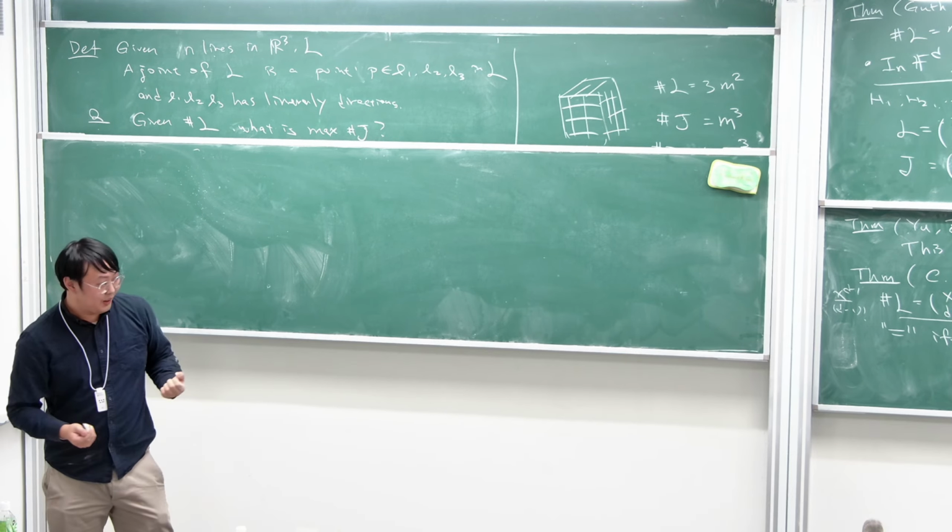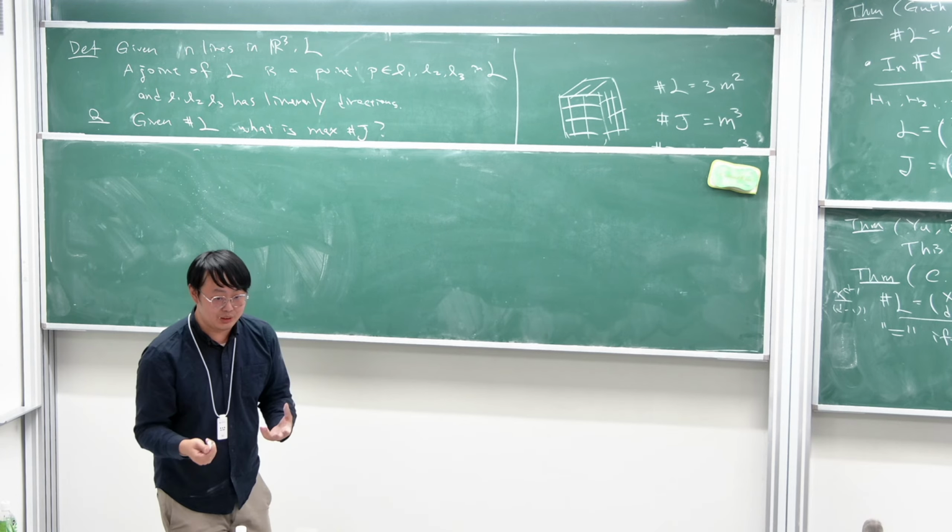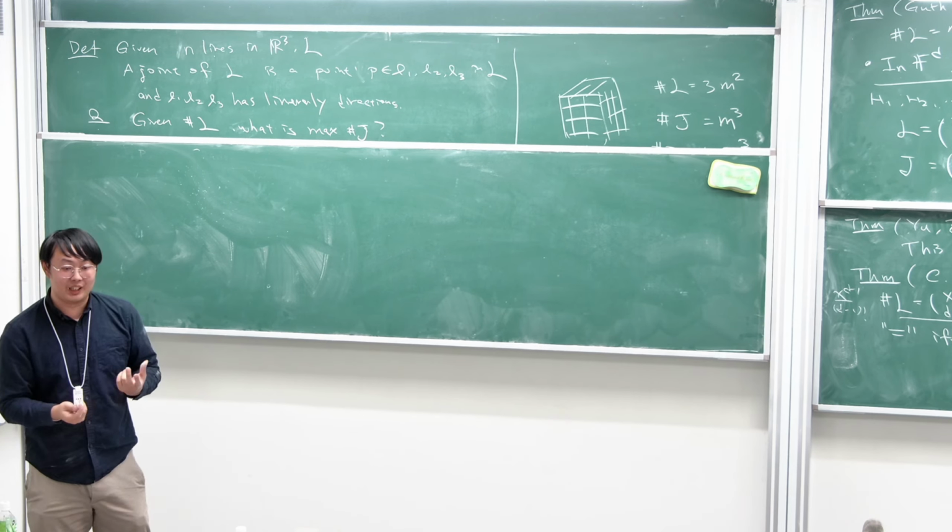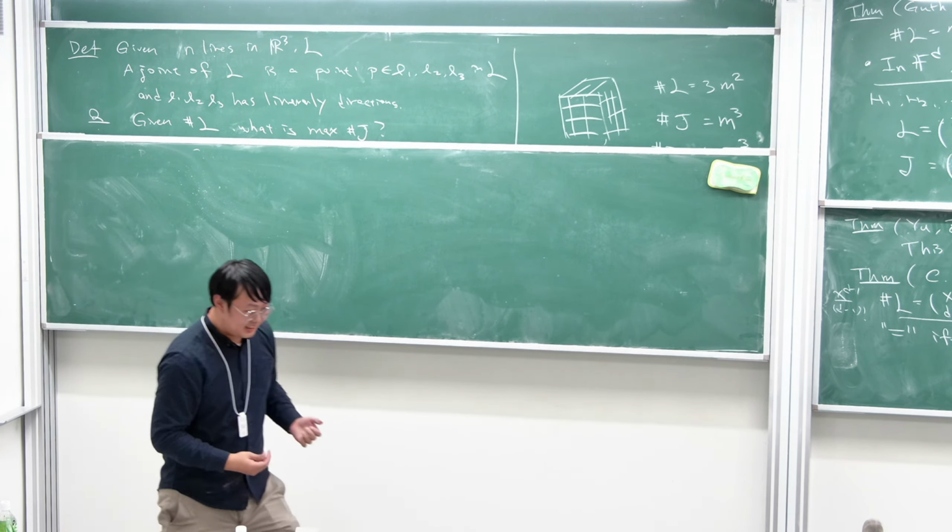When d equals 3, it's simply asking you to bound the number of triangles in terms of the number of edges.